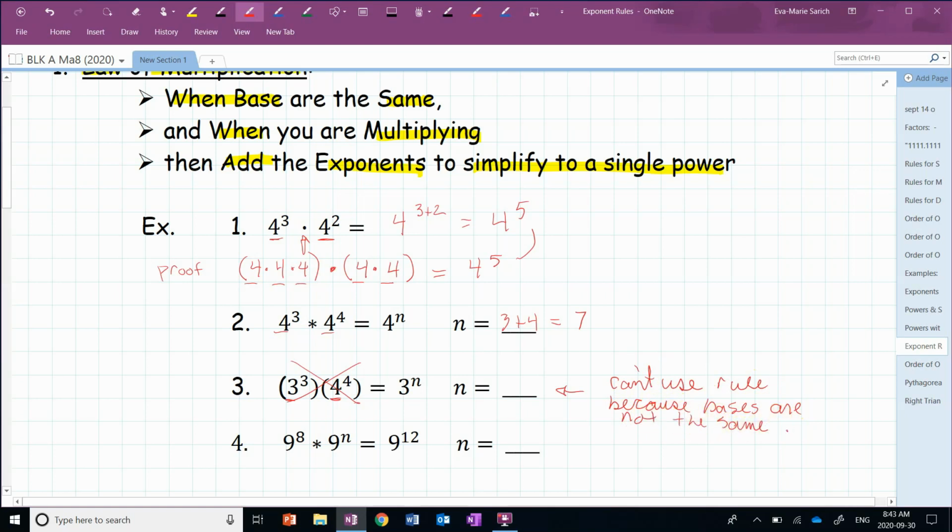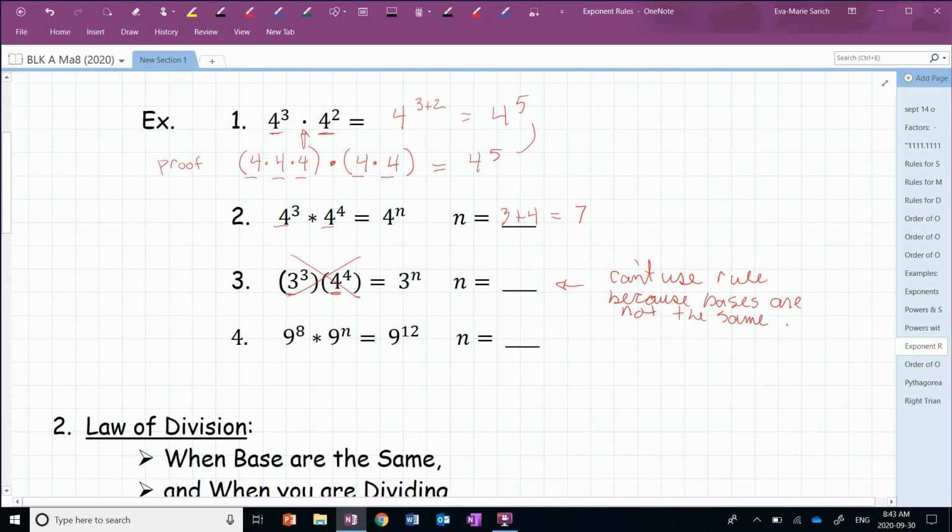All right, let's look at another example here. We've got a base 9 and a base 9, and we're multiplying. So we add the exponents. So now we're thinking 8 plus some number has to equal 12. That would mean that 8 plus 4 equals 12.